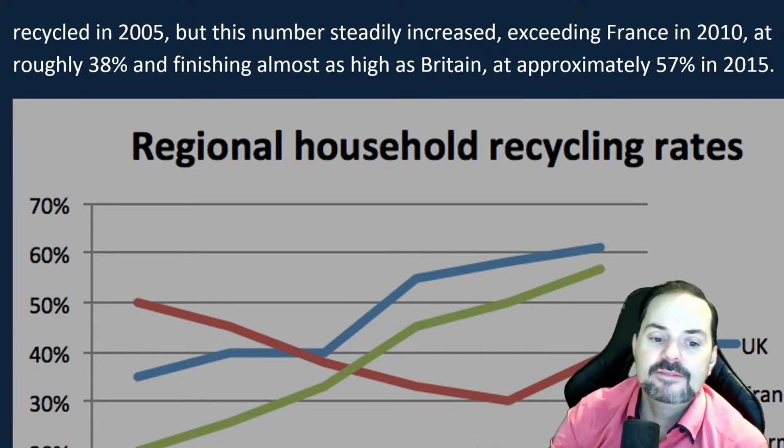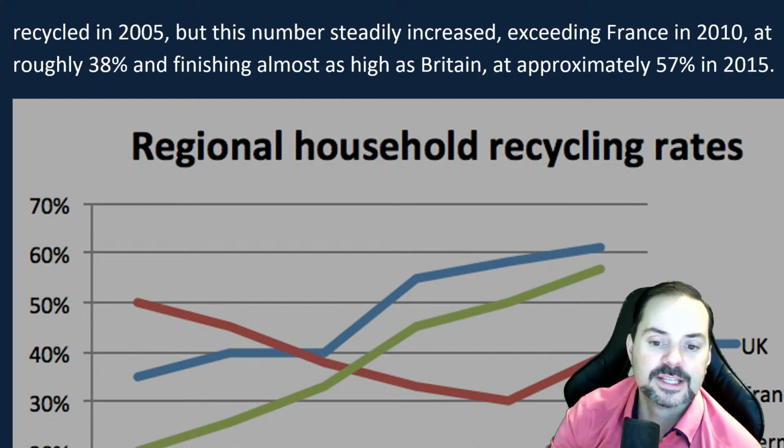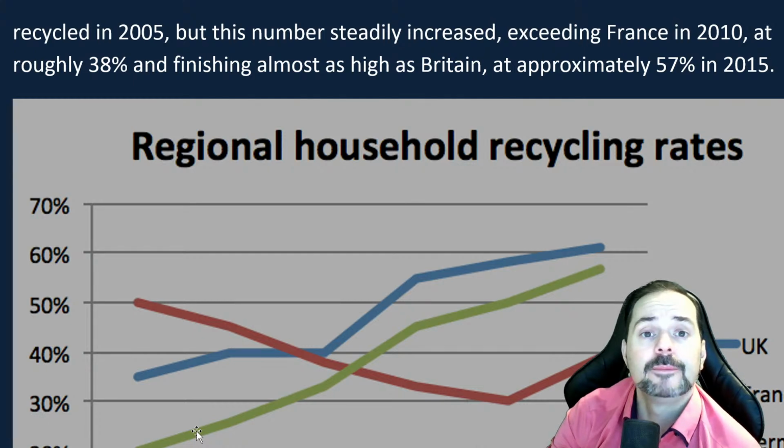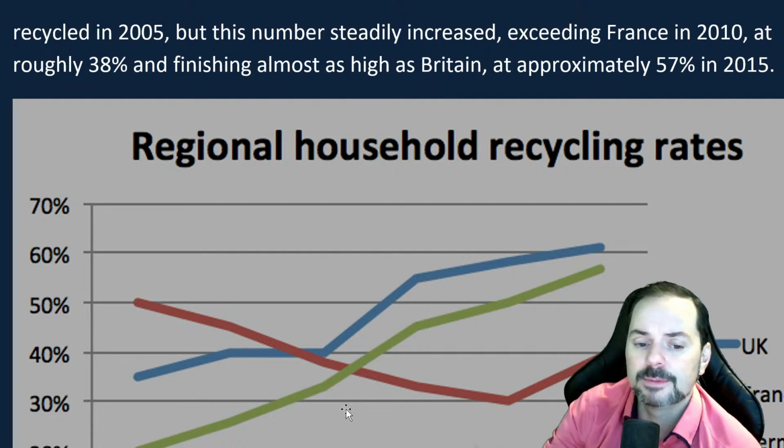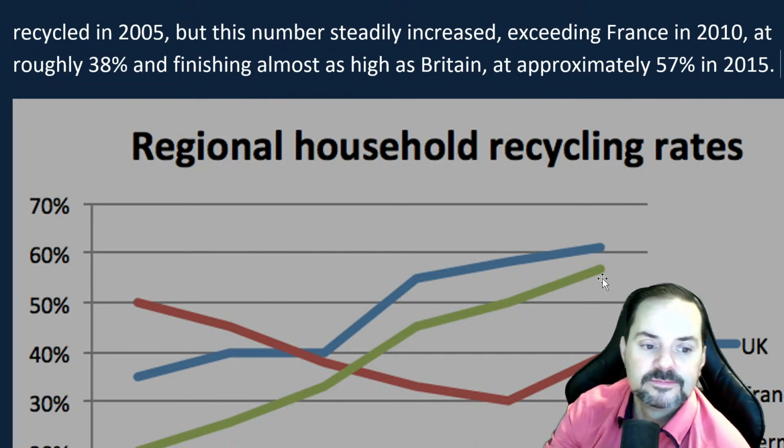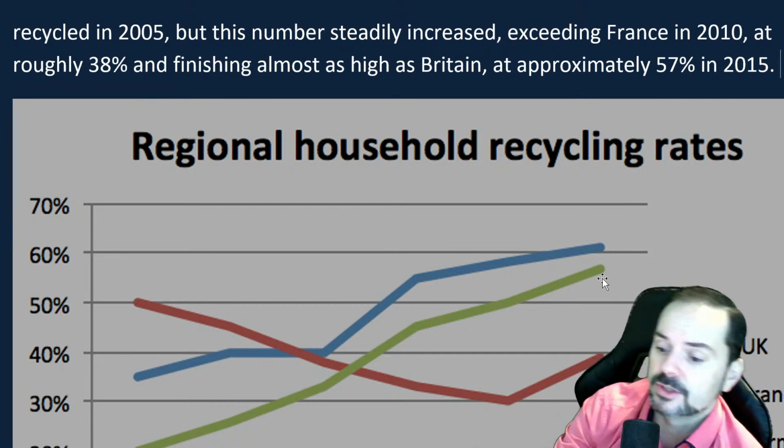Okay, so I've now written this entire German line here, and very clearly explained to the reader, to the examiner, that it's similar to the UK. It's not the same, it's not parallel, but it's similar, and that it started at 1/5, rose and exceeded France in 2010 at 38, and then eventually finished at about 58%, very close to the UK.